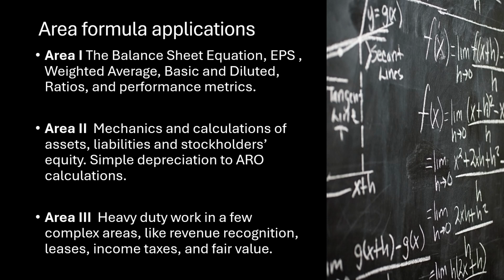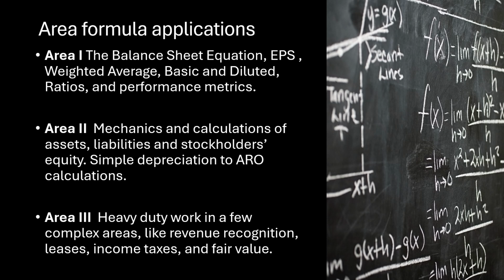All of those are in Area 2, and they should be fairly familiar. In Area 3, we have the heavy-duty work, and we have to really think in these creations of these formulas. Revenue recognition, we have a lot of remembering to do as far as the 5-step. In leases, we have a lot of remembering to do as to how do we apply different steps of the processes.